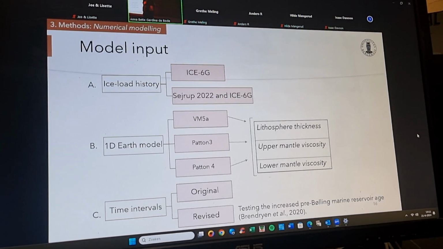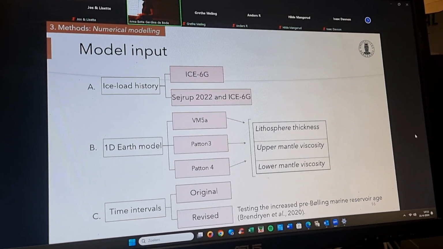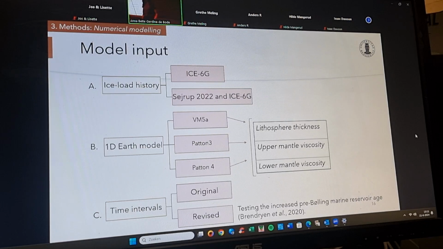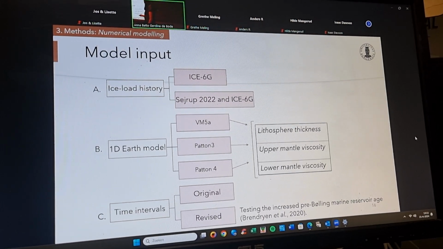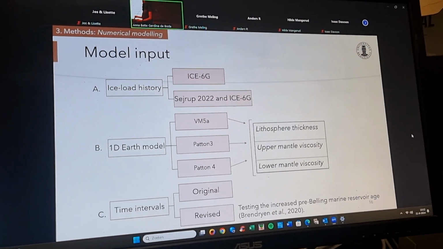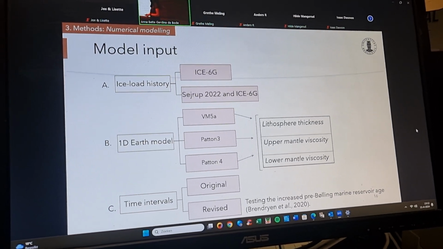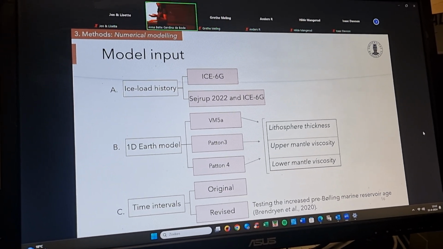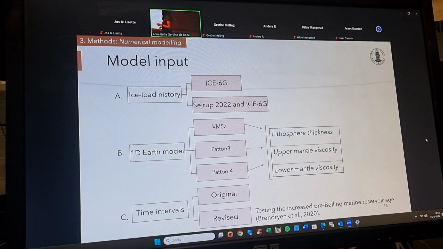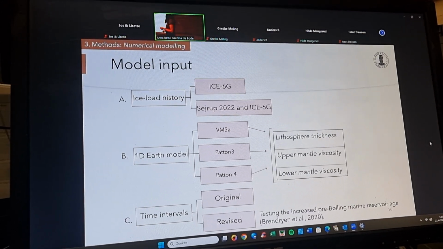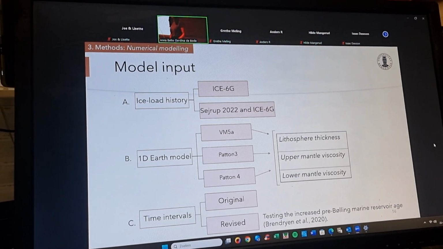The VM5a model is commonly used in combination with ICE-6G ice thickness data. And I used 2 different time series. So first, the original one that came with this ice thickness history, and then a revised series where I recalibrated these dates using this new marine reservoir age proposed in 2020.